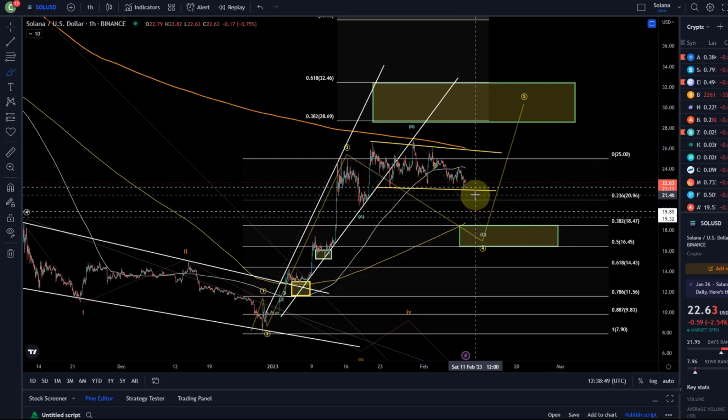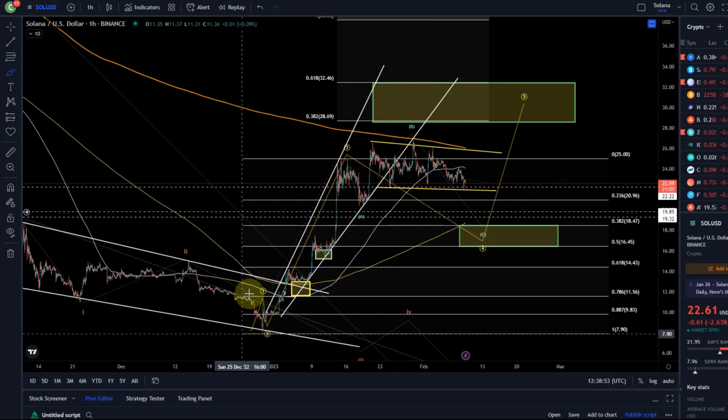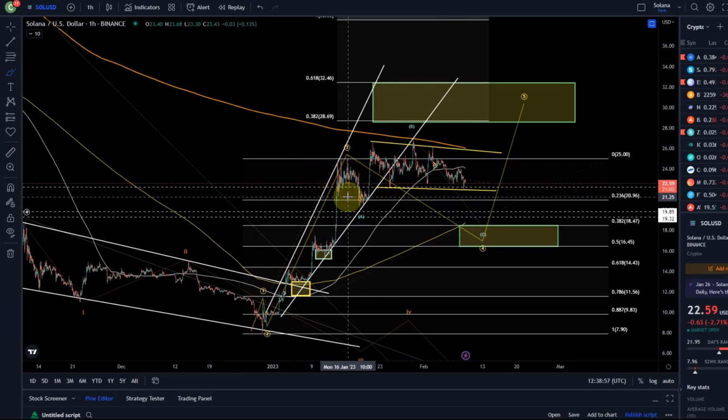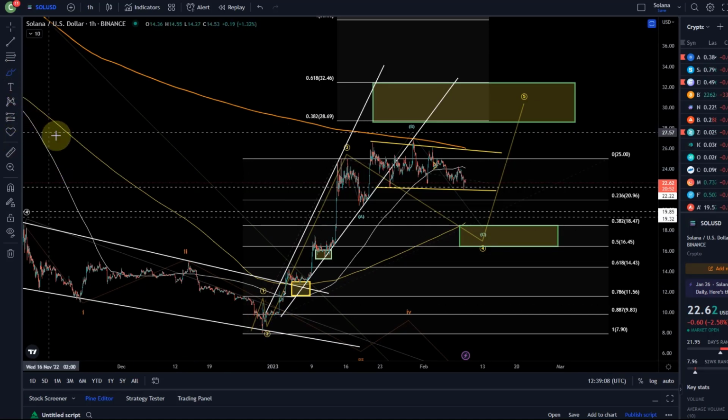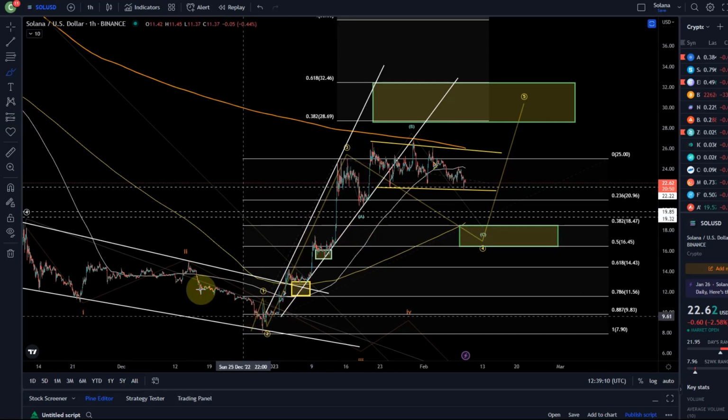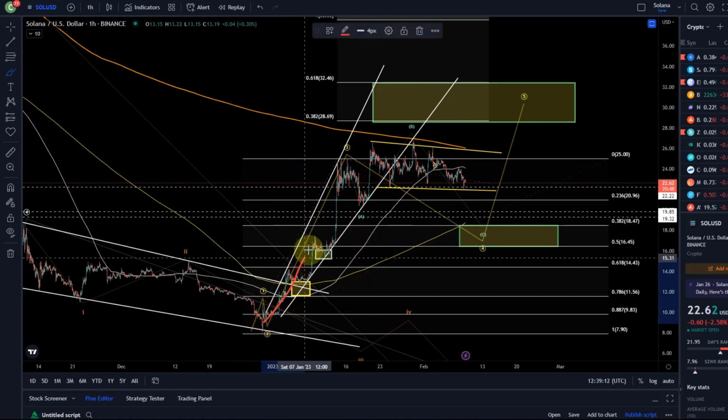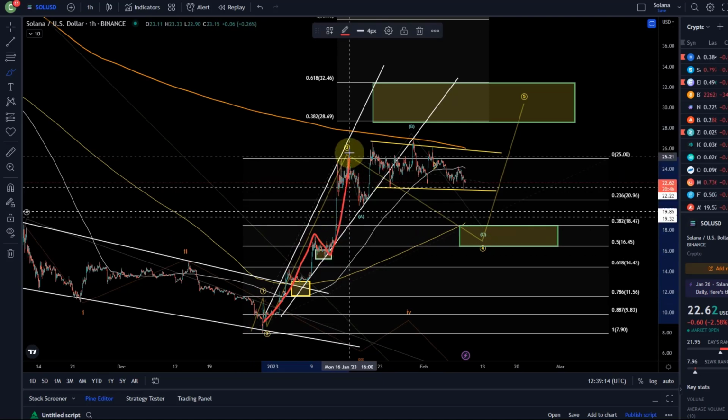Now, the other scenario is that we count this a tiny bit differently, and I would count all of this as a diagonal pattern here. So I can count it easily as a diagonal, and I can count this as an A wave, a B wave, and a C wave.